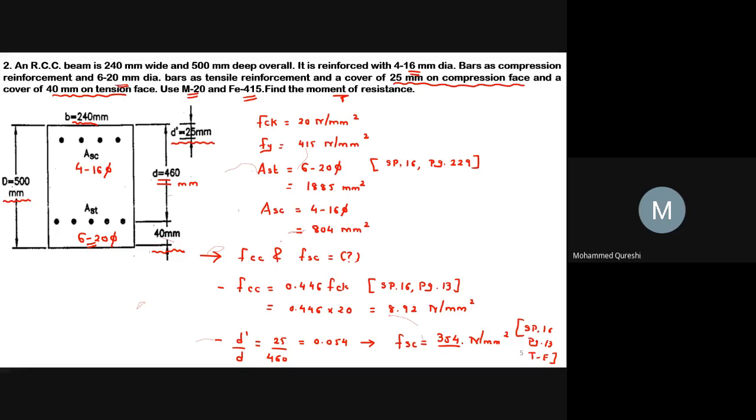So these are the basic calculations regarding Ast, Asc and the values of Fcc and Fsc, as all these values will be helpful for us while calculating the depth of neutral axis. Now we will go for the depth of neutral axis, that is Xu.